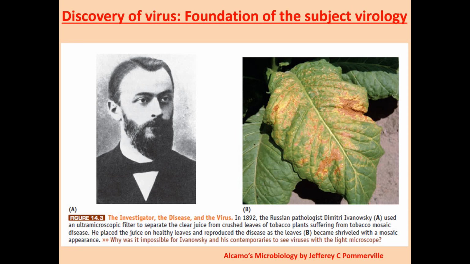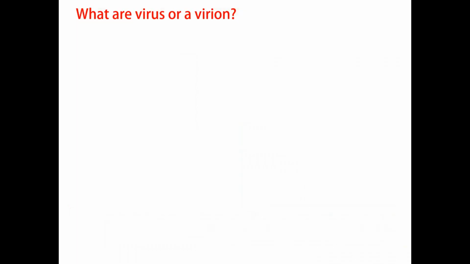That laid the path for studying viruses, and later on different viral particles were discovered, and it was also discovered that tobacco mosaic disease was actually caused by the tobacco mosaic virus, named after the disease. That's why Ivanovsky is designated as the father of virology.